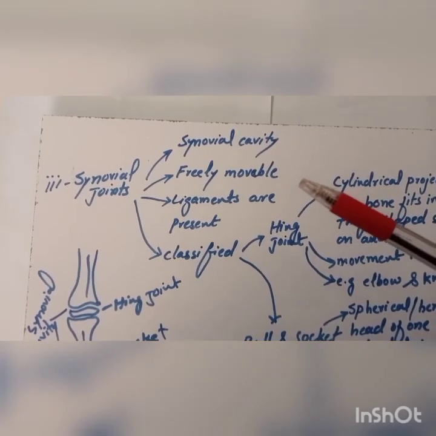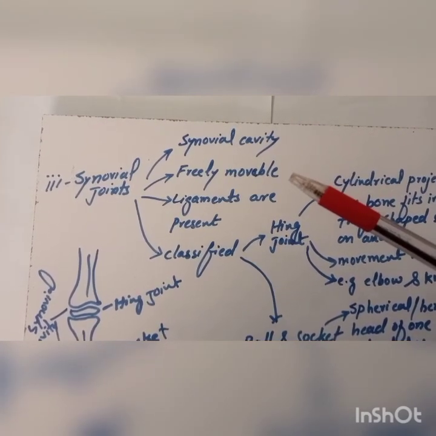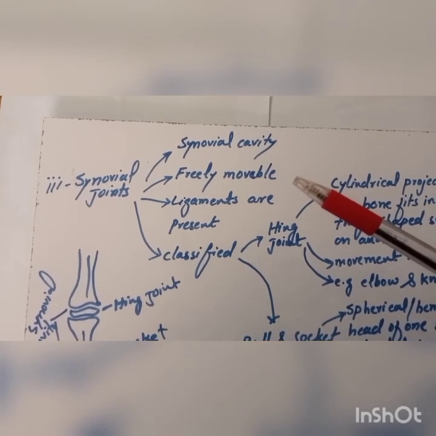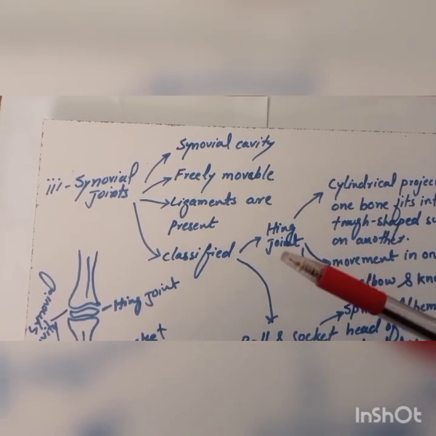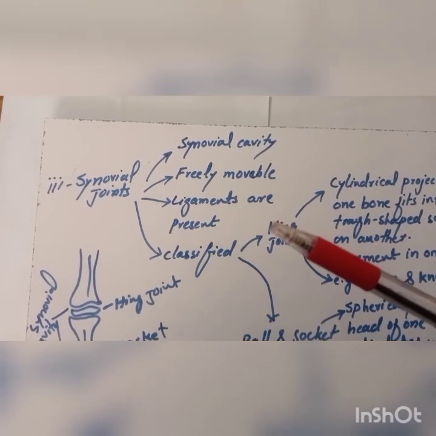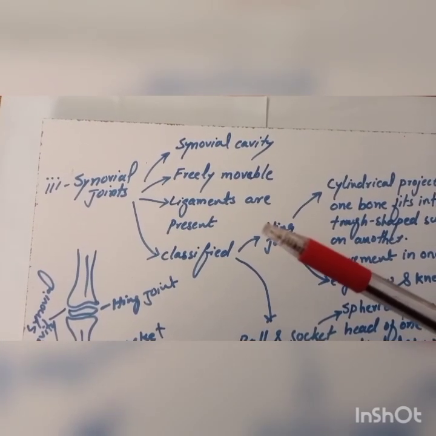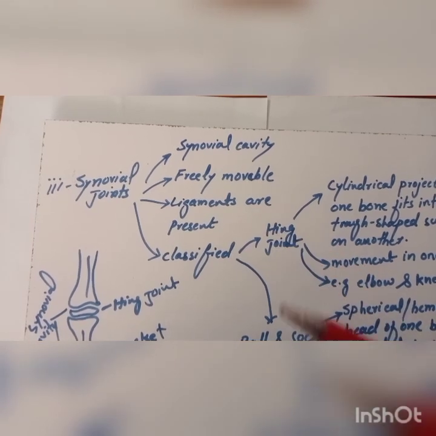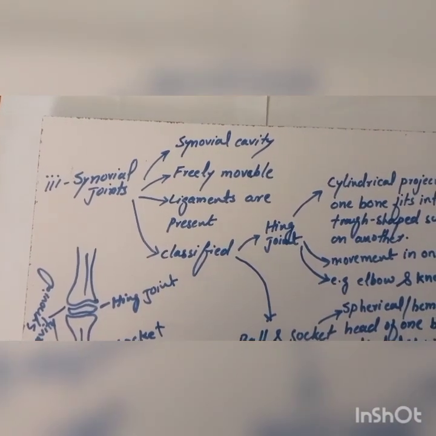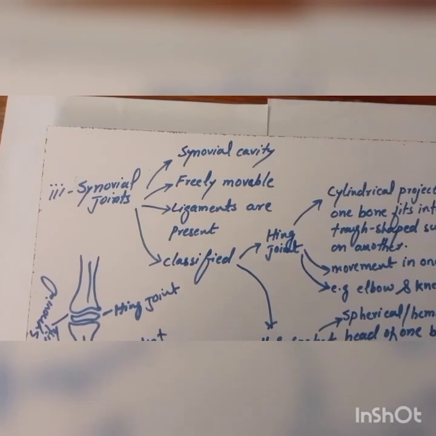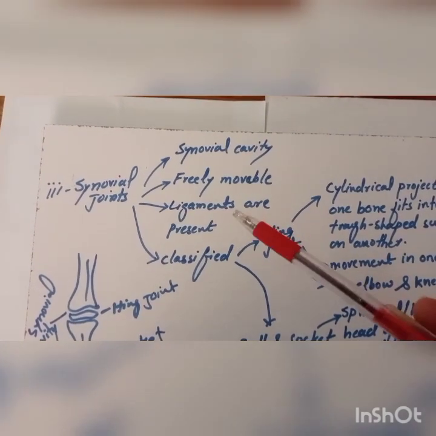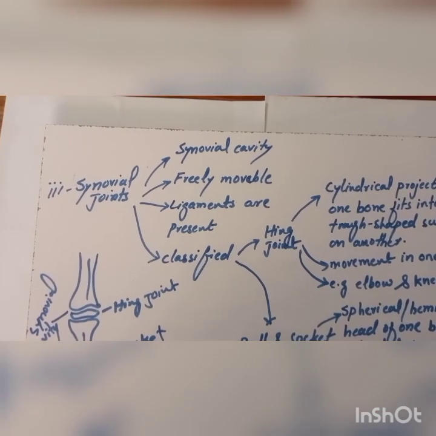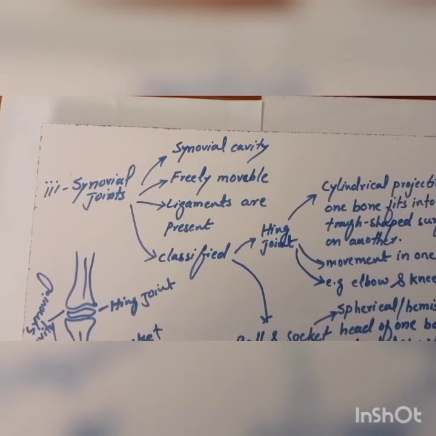This arrangement allows free movement, meaning they are freely movable. They have ligaments. These synovial joints are reinforced and strengthened by a number of band-like structures called ligaments, and these ligaments hold the bones in position.